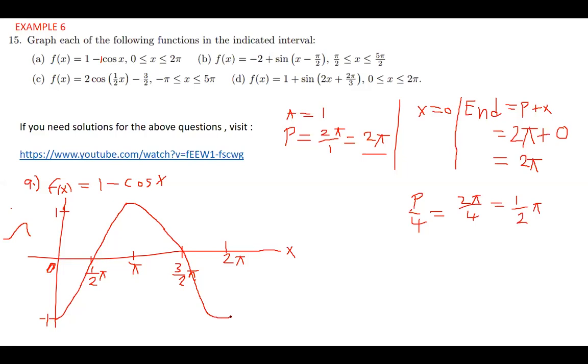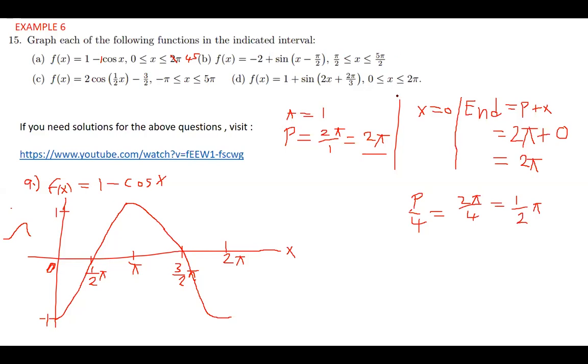Now imagine that this domain that was given went maybe up to somewhere like 4 pi. You can see how C is ranging from -pi up to 5 pi, and these are ranging from pi up to 5/2 pi.